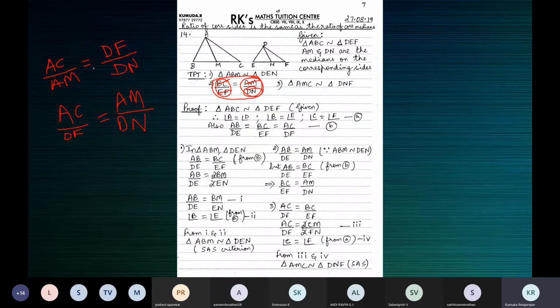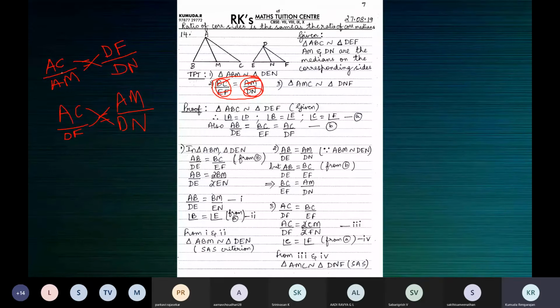Okay, tell me the result when you cross multiply this. AC into DN is equal to DF into AM. Please cross multiply this and check. Are you getting the same results? Yes, ma'am. So you can write it that way also.